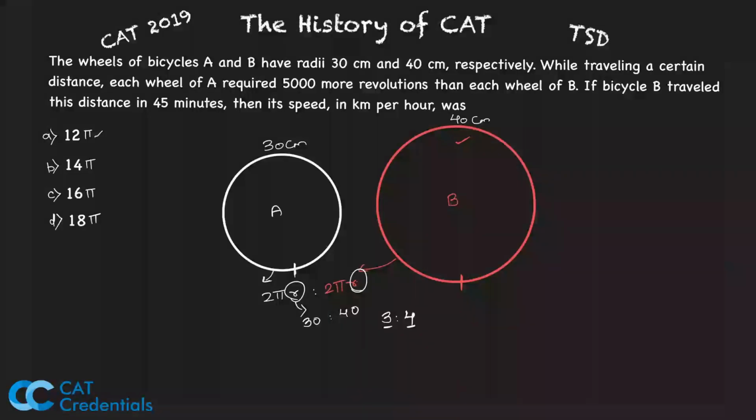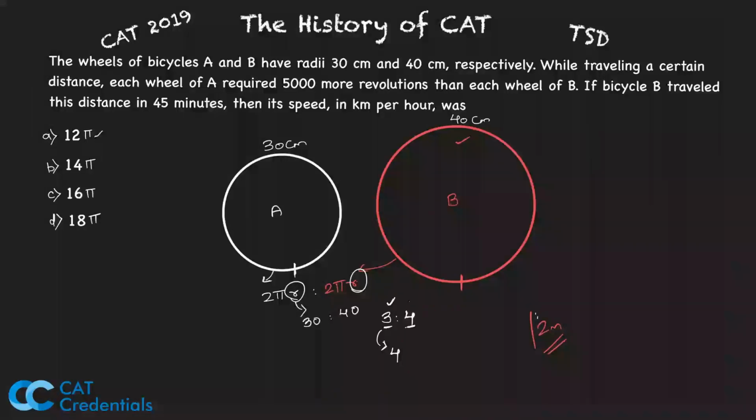Now if I tell you that they have to travel some common distance of, say, 12 meter, how many revolutions will this wheel take? It will take 4 revolutions, because in every revolution it covers only 3 meter.